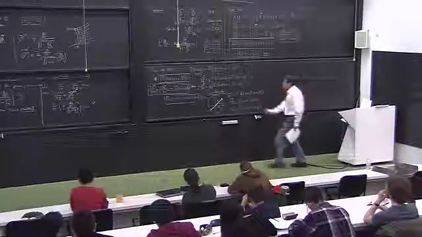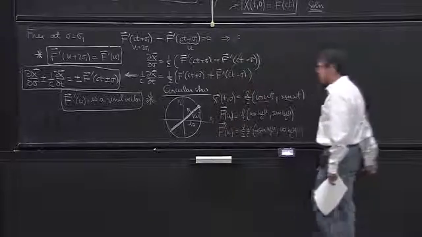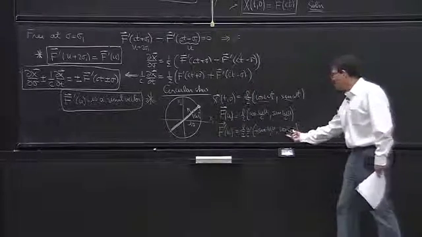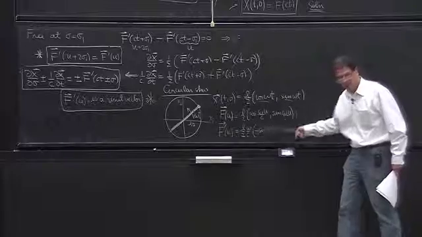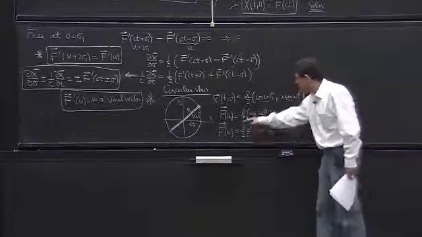F prime is this, but f prime must be a unit vector. Well, sine and cosine make a unit vector. The squares add up to 1. So this must be 1.